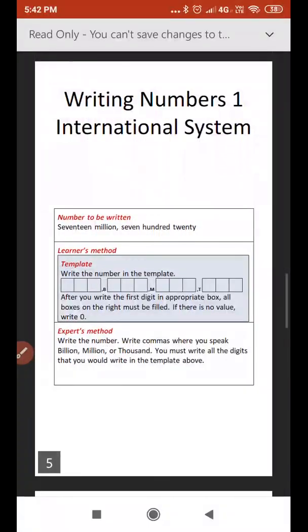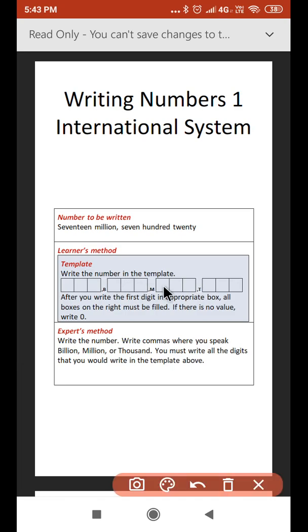Now we will go to the international system. In international system, the units are thousand, million, billion, and so on. And there are 3 boxes before every unit.